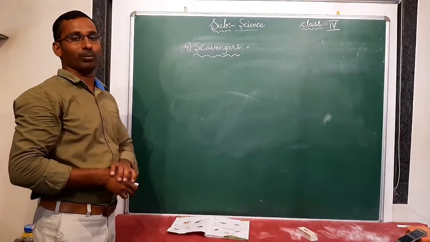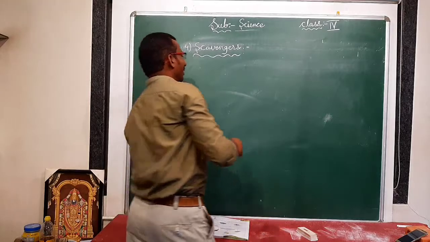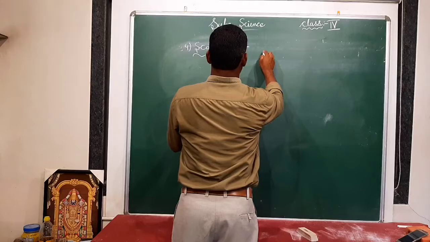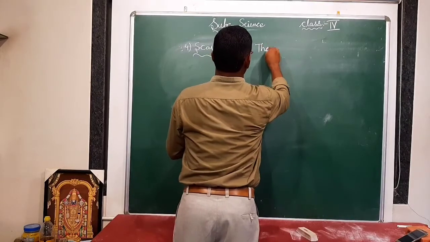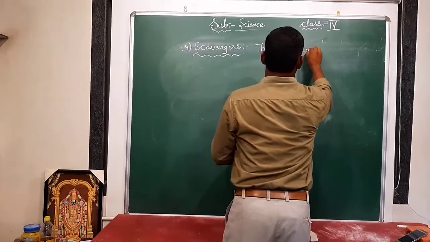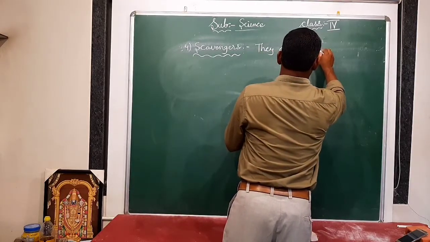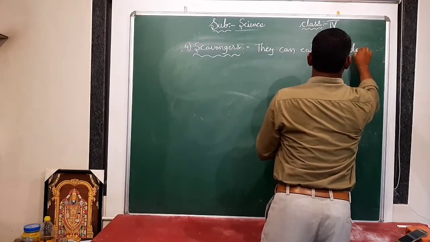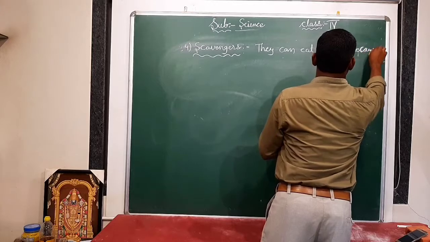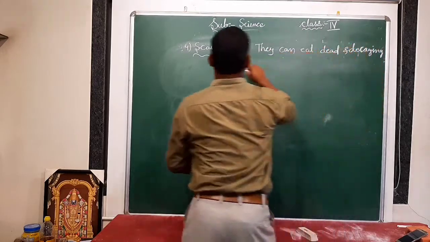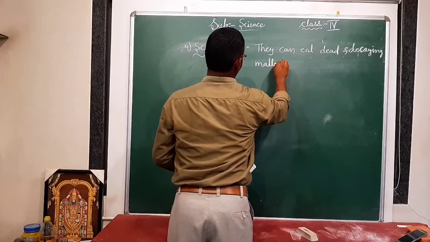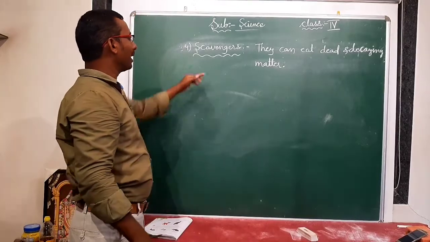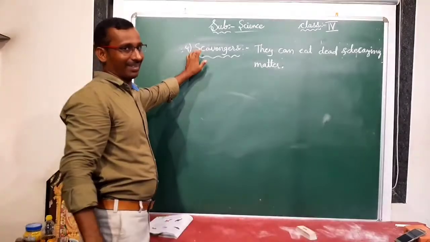These animals eat dead animals, dead and decaying matter. So these types of animals are called scavengers.